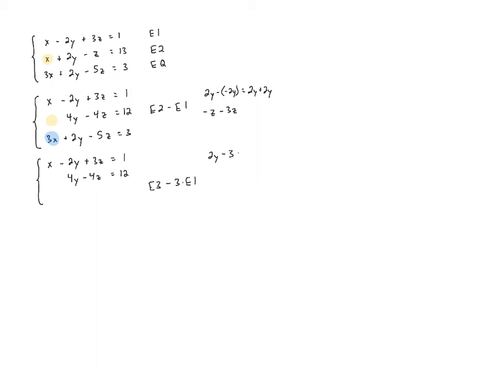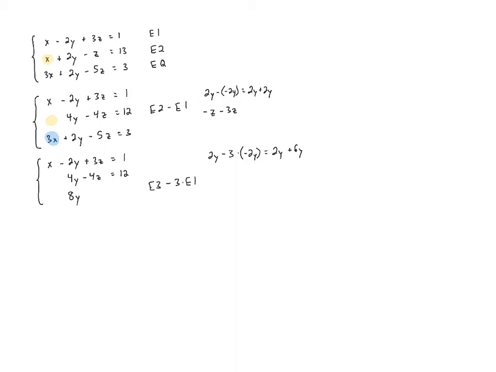Equation 1 is negative 2y, so we've got minus 3 times negative 2y. We know a negative times a negative is a positive, so this is going to be 2y plus 6y, and that ends up giving us 8y. Let's look at the z's, and I'm going to be honest, we want to get to the point where we can do this in our heads without writing out all the algebra.